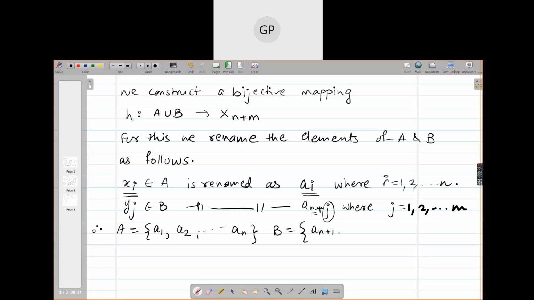So a n plus 1, a n plus 2, a n plus 3, and so on. Where will we go up to? Up to a n plus m, right?